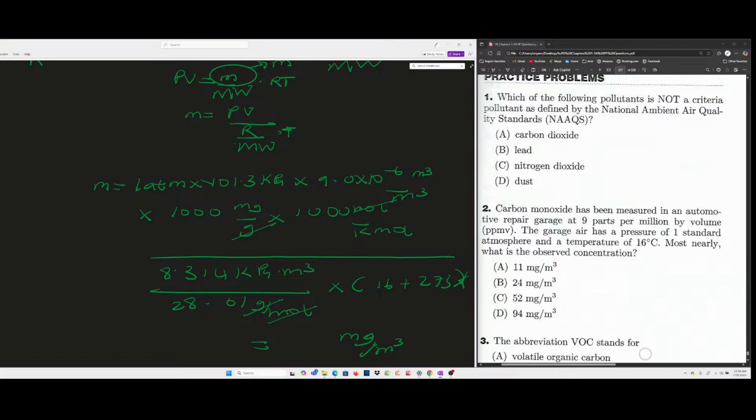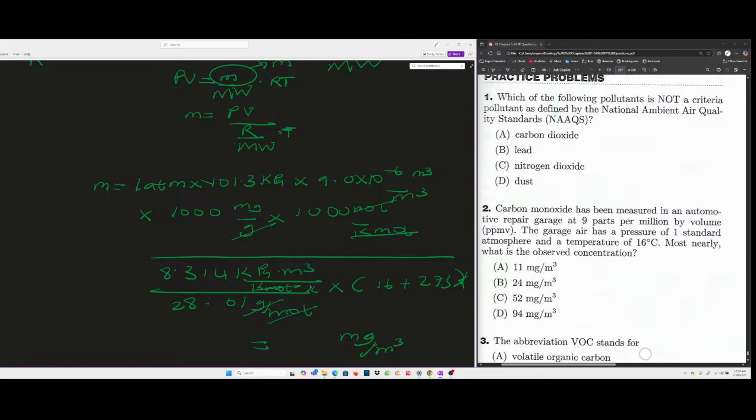So what do we have next? This is kilopascal meter cube. I forgot, this whole formula is kilomoles per Kelvin. So this is going to cancel this.